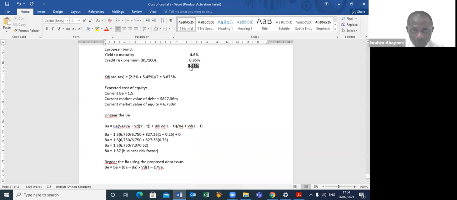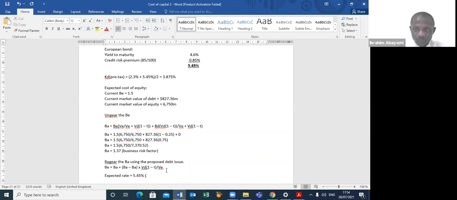So, my expected coupon rate, which is interest rate, my expected interest rate is equal to 5.45%.